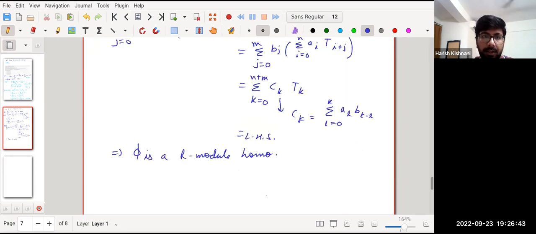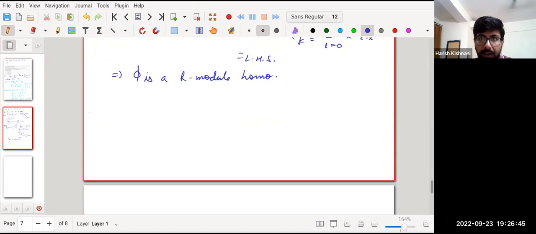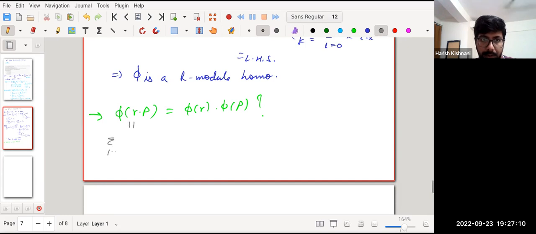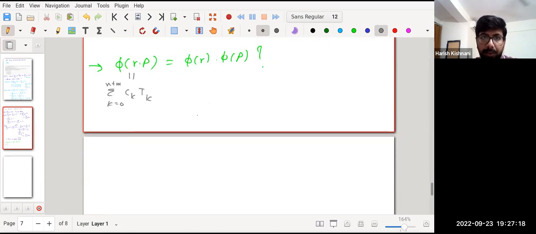Now for the ring, we need to check whether phi of R dot P is the same as phi of R dot phi of P. Okay, so for that you already have the LHS, right? This is the summation of k equal to 0 to n plus m ck tk, and the RHS you need to compute.